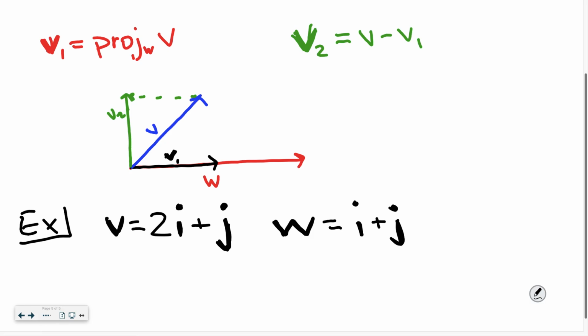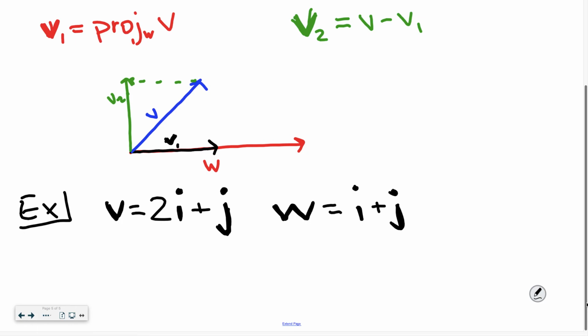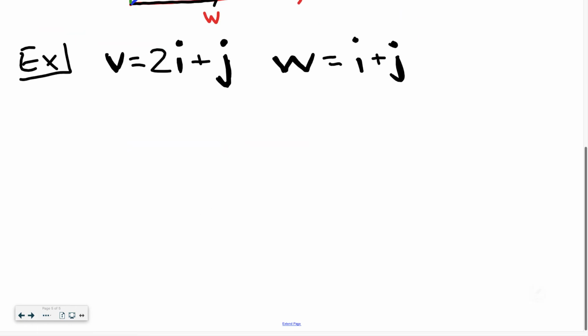Okay. Let's calculate the projection of V onto W. So what do we do first? Find the magnitude of V. No, wait, the dot product. So we have 2 times 1 plus 1 times 1.